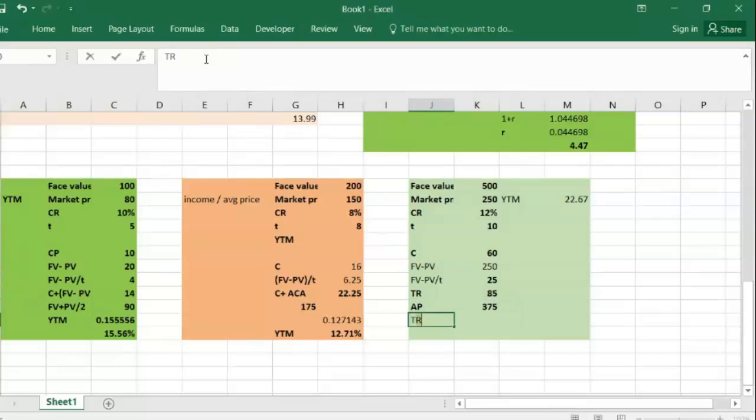So total return divided by average price: 85 rupees divided by 375. You get 22.67% as the return. Here is the maturity.